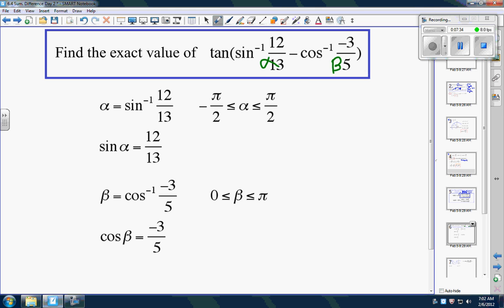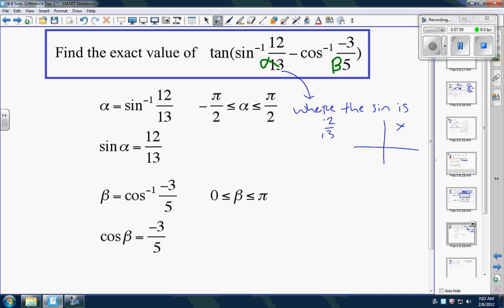So I left all the stuff from the book here, but I'll show you guys where this comes from as well. So inverse sine of 12 over 13. So they want to know where is the sine 12 out of 13, okay? Inverse sines are only defined in two places.